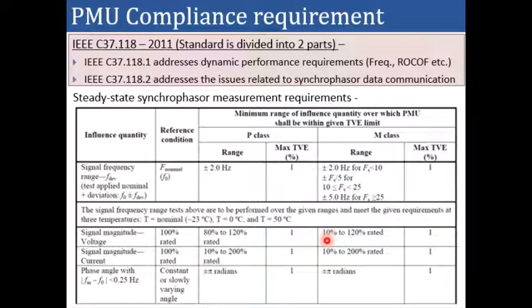While in case of M class, the voltage magnitude can change from 10% to 120% of rated value. For current, the value can change from 10% to 200% of rated, and still TVE should be 1. If the phase angle is changing slowly within the range of plus minus pi radians, still the TVE requirement is 1.